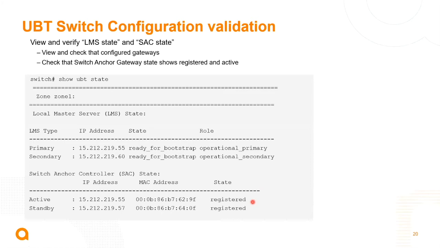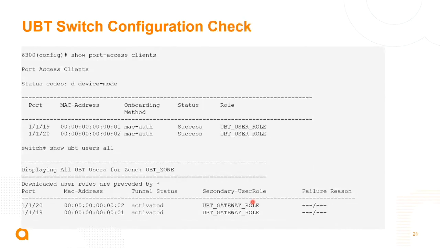The first thing we want to do is verify. Once we get the UBT profile configured, we want to verify the state. When we do a show ubt state, we're looking for the gateways to be registered. If they're not registered, there's an issue somewhere. It's either a connectivity issue, or it could be a licensing issue: you don't have the AP license on the gateway or Mobility Master that is reserved, or you don't have enough AP licenses for the switch to consume.